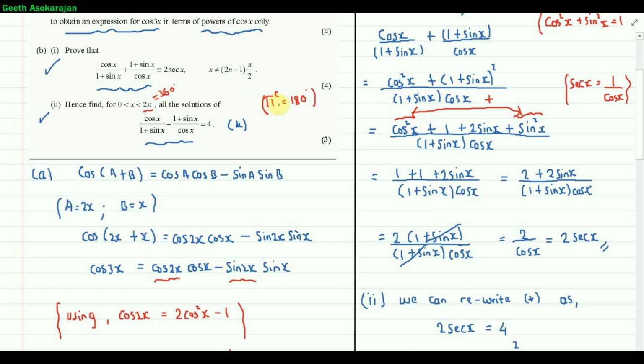And bearing in mind the conversion, 0 is still 0. So first I'm going to find all of the x angles between 360 and 0, and then I'm going to use this conversion to convert to radians later. So let's work in degrees first.